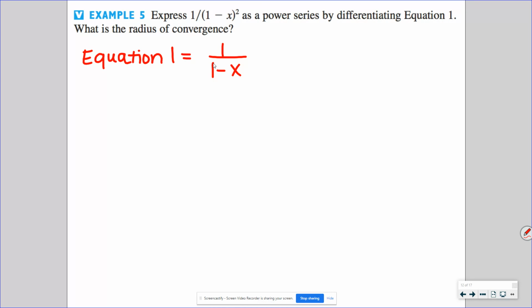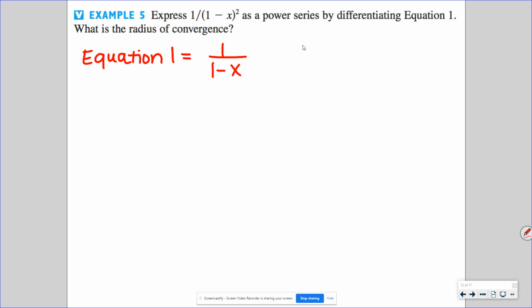It says express 1 over 1 minus x squared as a power series by differentiating equation 1. So what they're implying is that the derivative of 1 over 1 minus x is equal to this, okay?